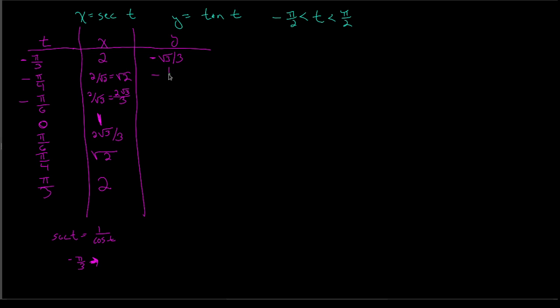This will be negative 1, negative root 3. I have that backwards. That's negative root 3. That's negative 1. That's negative root 3 over 3. This is 0. Then we're going to go root 3 over 3, 1, root 3.